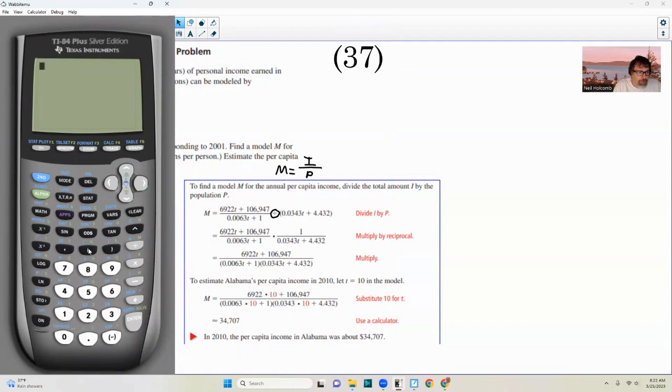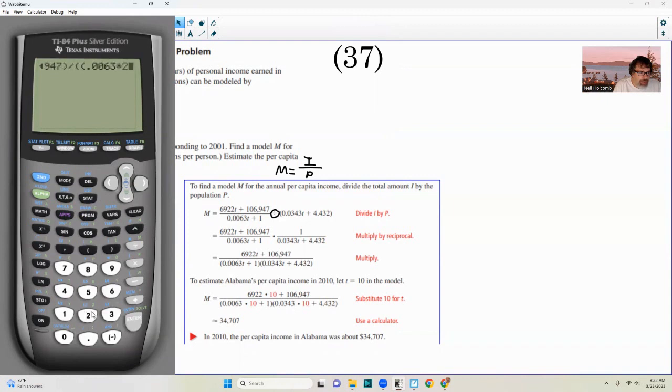So I'm going to put a parenthesis for the numerator. 6922 times, and this is 2023, so that's 23 years since 2000, so you put that, plus 106,947, close the parentheses, divide, and I'm going to put these in parentheses, so I have to have double parentheses here for the denominator. So there's the parentheses for the whole bottom. There's parentheses for 0.0063.